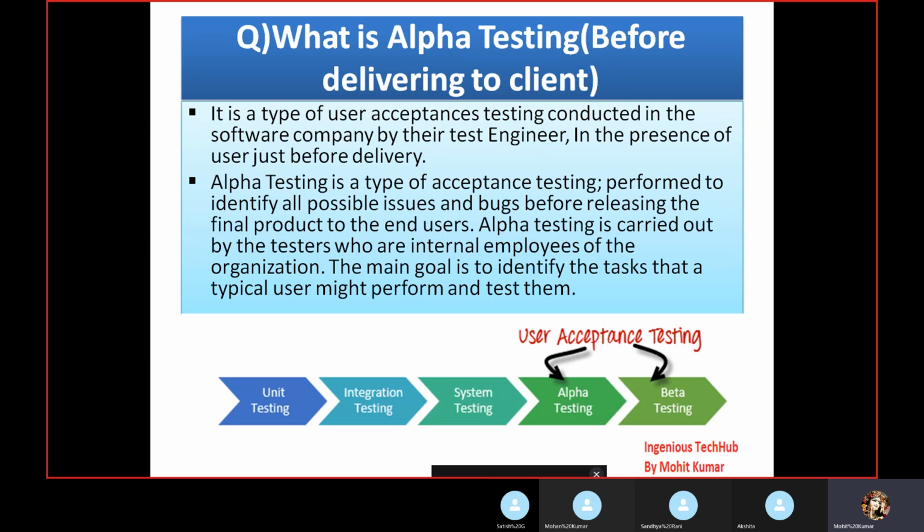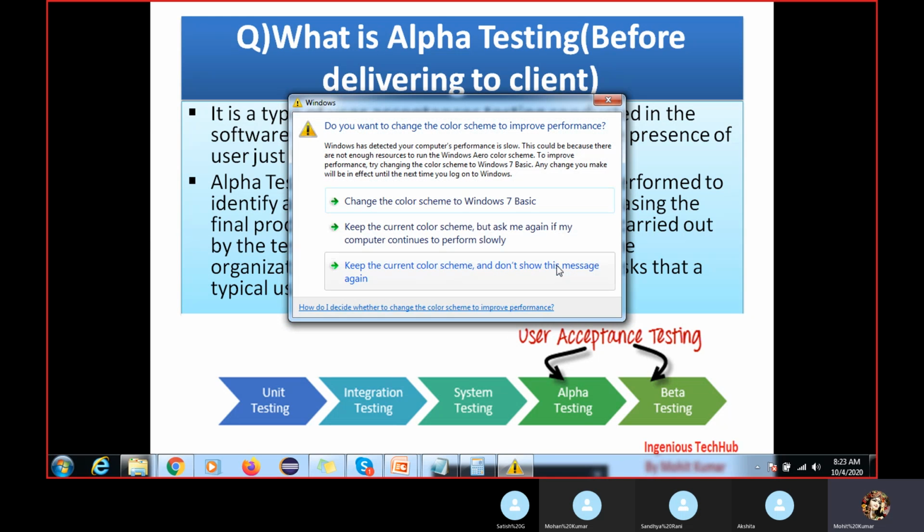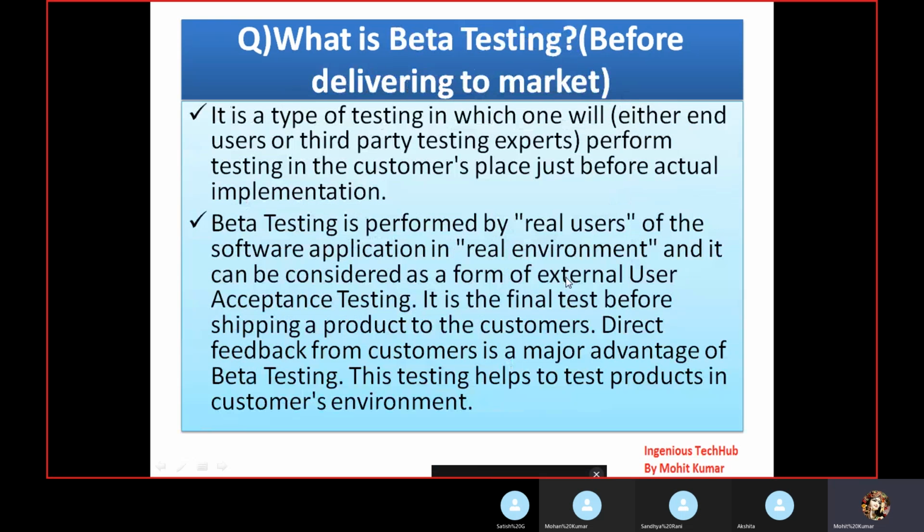In Apple, their tester employees will test. Or sometimes it depends, my tester only tests that application in their environment. Got it, right? So they will check whether this application is working fine or not. That is called beta testing.